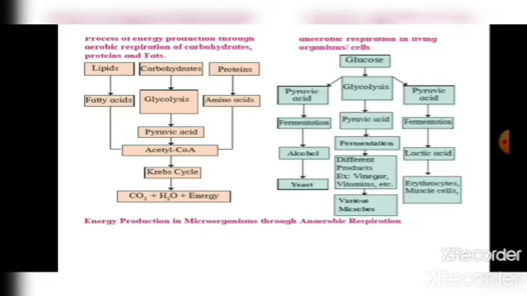Similarly, human muscle cells, while performing exercise, may also switch to anaerobic respiration. This makes the person feel tired due to the small amount of energy released and due to lactic acid accumulation.